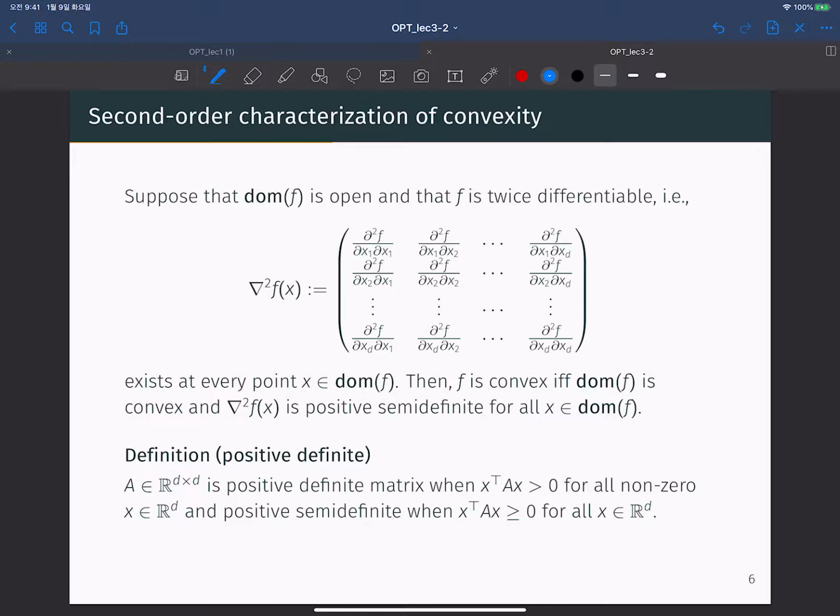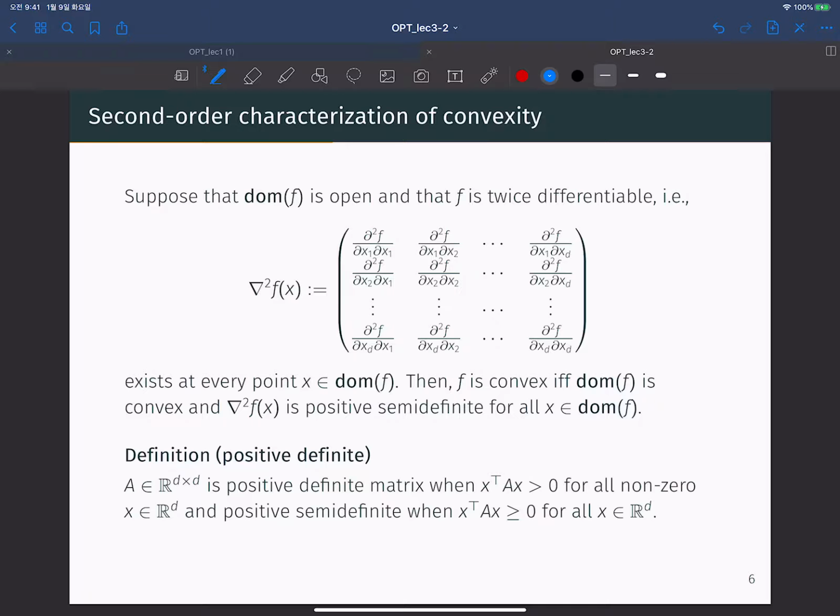And more formally, we can define alpha strong convexity and beta smoothness using the second order characterization of convexity. Okay, suppose that the domain of f is open and f is twice differentiable, so we can define the Hessian matrix. When the Hessian matrix is always positive semi-definite, then we can say f is convex.